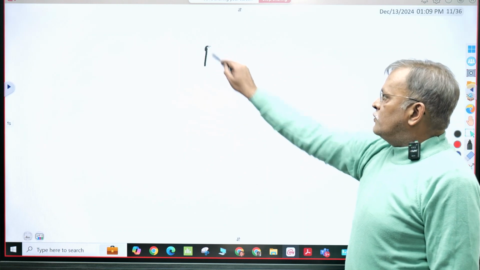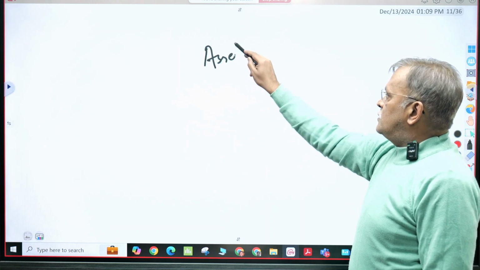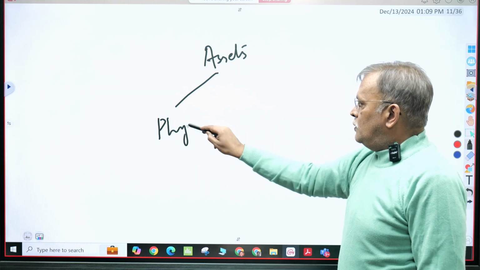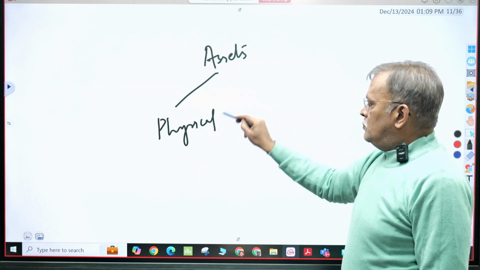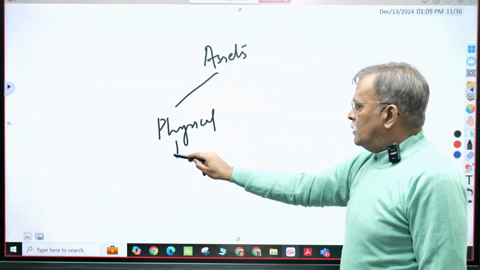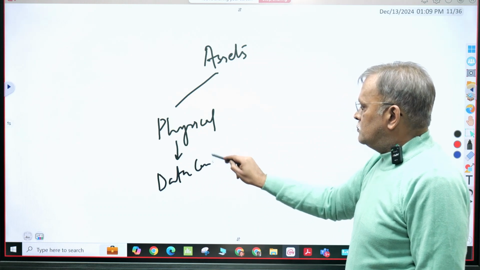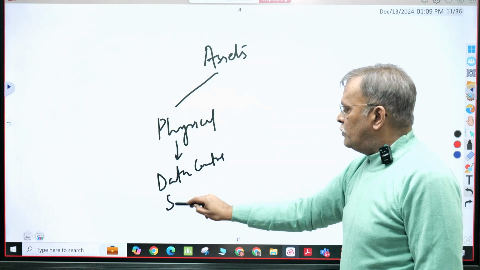You have several kinds of assets. Assets could be physical assets. So there is a data center that you have. There is a server room that we have.